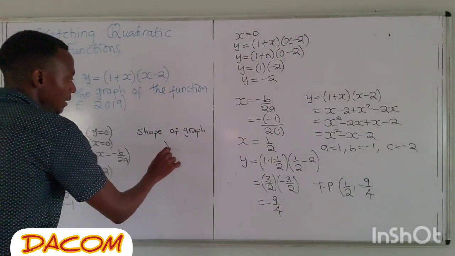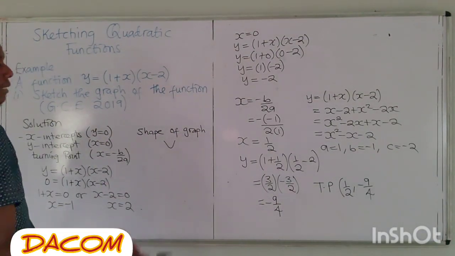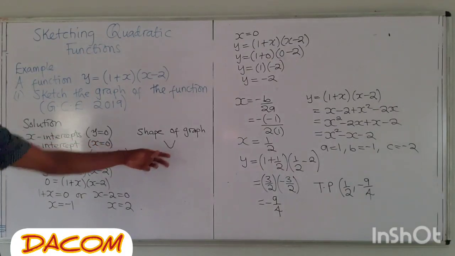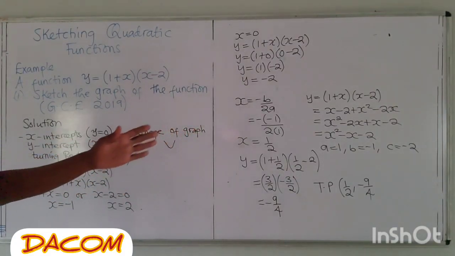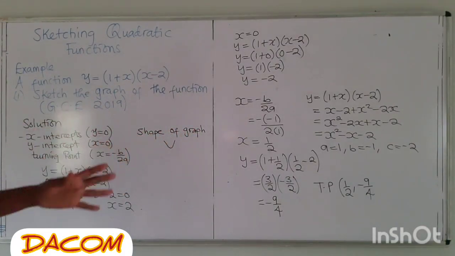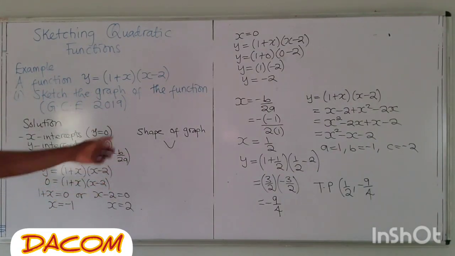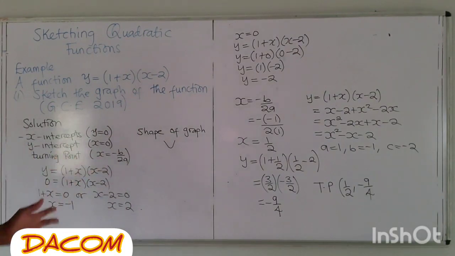We have got a U, or a frown, if at all we use emojis. Whenever the coefficient of x squared is positive, you are always going to have something like that, a frown, or maybe a sadness. I don't know, those emojis.